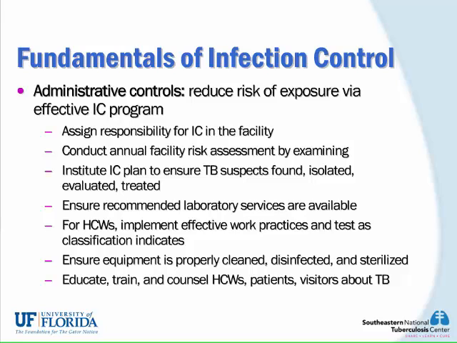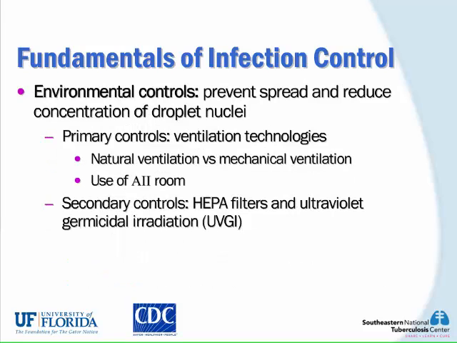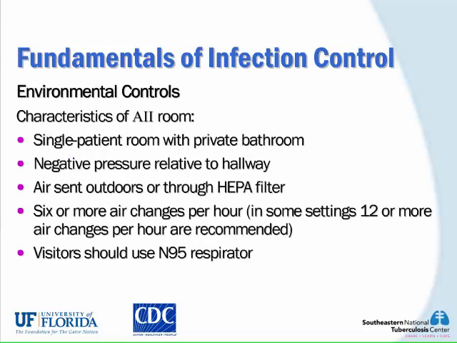The environmental controls prevent the spread and reduce the concentration of the droplet nuclei. And these include primary controls and secondary controls. Primary controls are usually the ventilation issues and the use of AIIR rooms. Secondary controls include HEPA filters and ultraviolet germicidal irradiation.